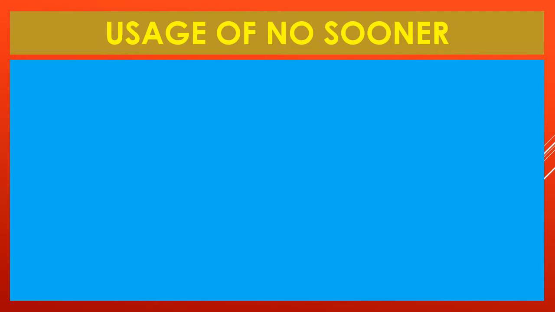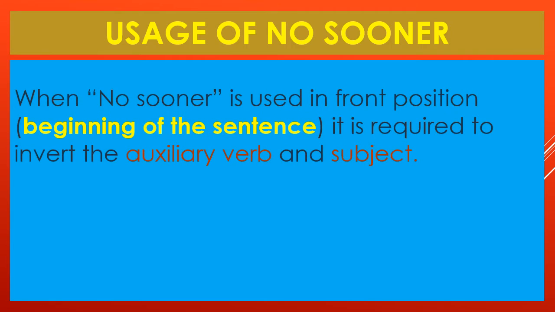But one thing you should remember: when no sooner is used in front position, which means at the beginning of the sentence, it is required to invert the auxiliary verb and subject. Invert means reverse. Subject and auxiliary verb should be interchanged.